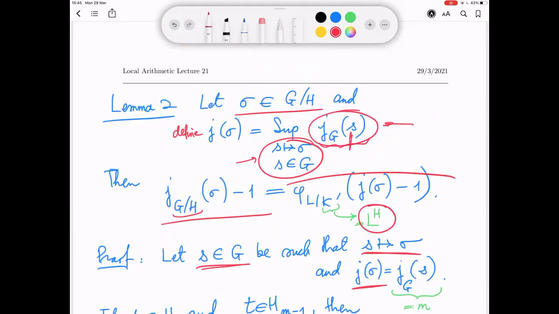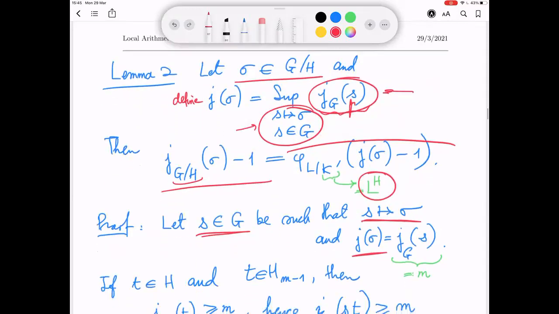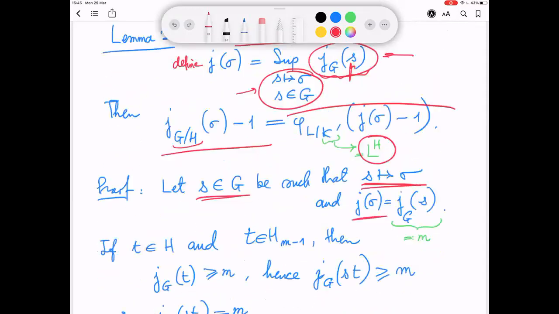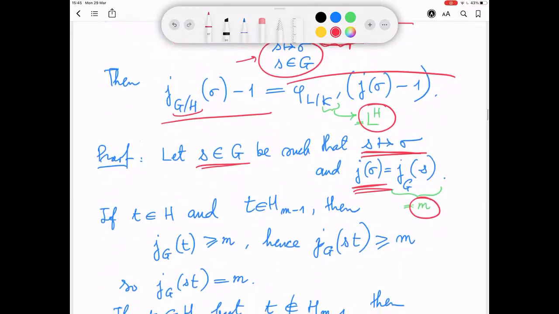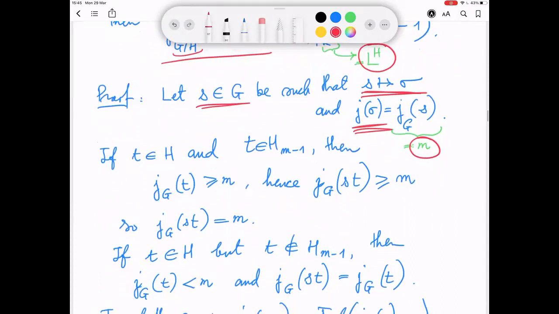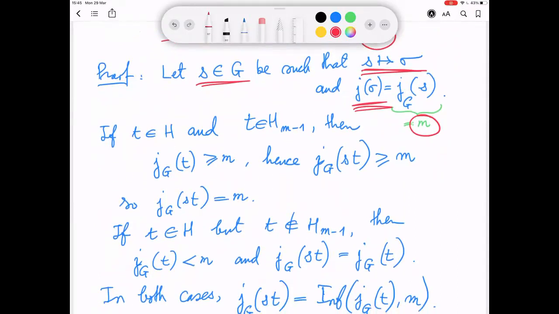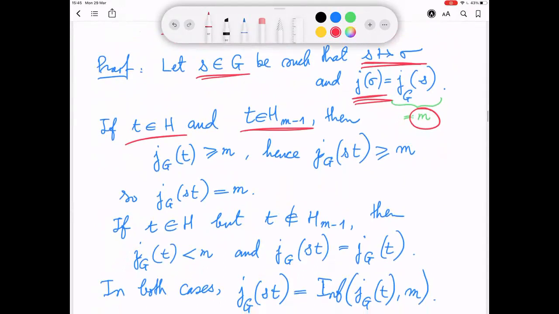So there has to be some S where this supremum is attained, and let's take one such S. Okay, and let's call it M, this Jg of S. Now one checks that if some T is in H, and it's in fact in the subgroup Hm minus 1, then Jg of T is greater than M, and therefore Jg of St is greater than M.